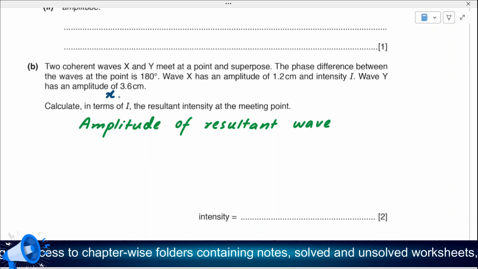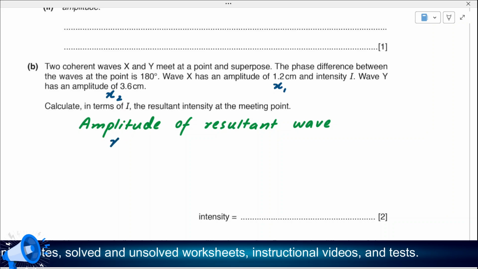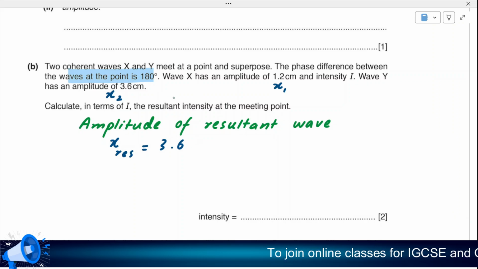So let me call this one x2 and this one x1, and the amplitude of the resultant would be the difference of these two, because they have a phase difference of 180. That's why we know that these two waves must be subtracted. Their amplitudes must be subtracted because they have a phase difference of 180.